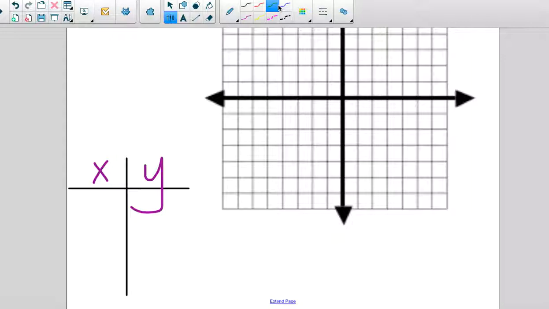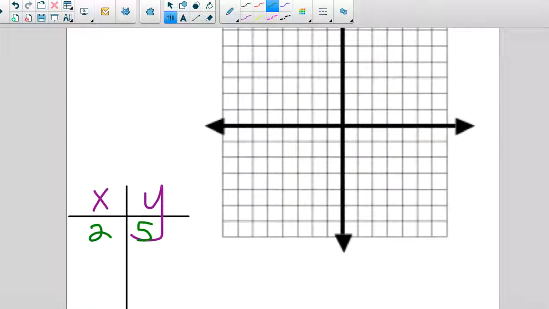So we had 2, 5, which was the vertex. So let me scroll up a little bit. Okay. 2, comma 1, 2, 3, 4, 5. Right there. We did the y-intercept, so that's helpful. We plugged in 0, and we got 4.